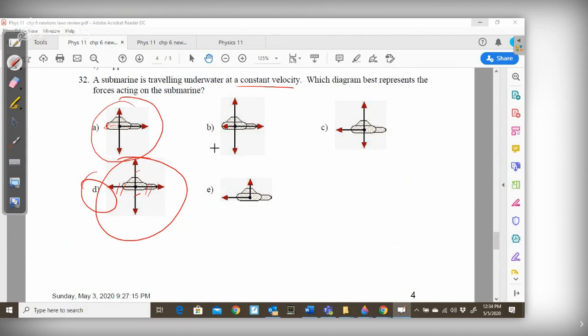Here, this would be more realistic. We're accelerating forwards horizontally. Here, we're slowing down. We're just coming to a stop, so we're not pushing ourselves forward. And this just makes no sense whatsoever. So the best answer: we're at constant velocity, and so all the forces are balanced.